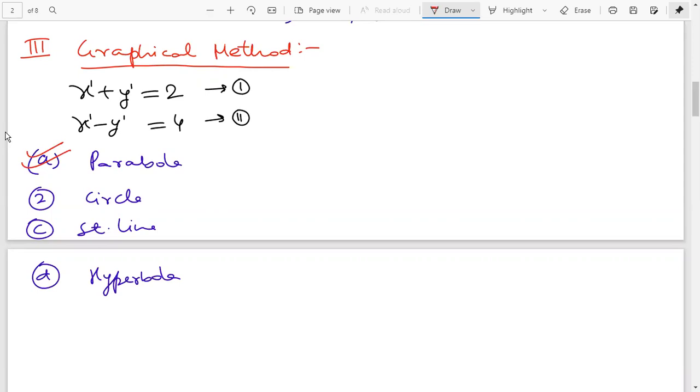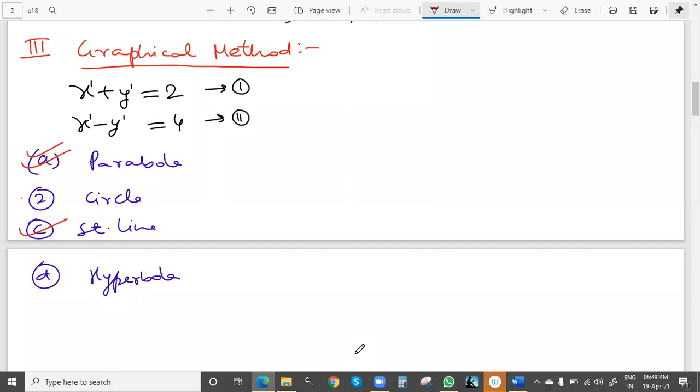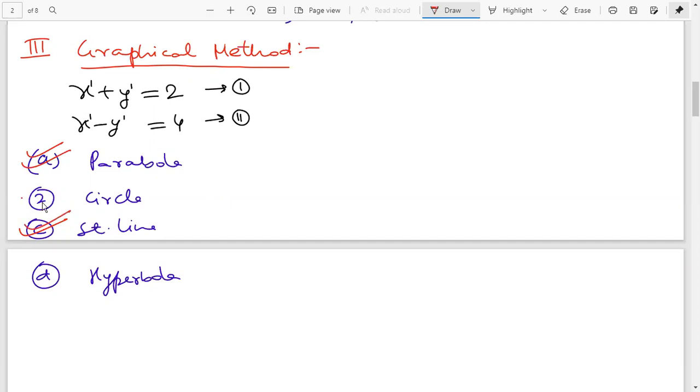Pratusha is the same, straight line. Uddhav, what is your answer? Tanvi, Mohammed, please type your answer. Adityan, Nomadi. Diksha also says straight line. Okay, two ticks for straight line and two ticks for parabola.